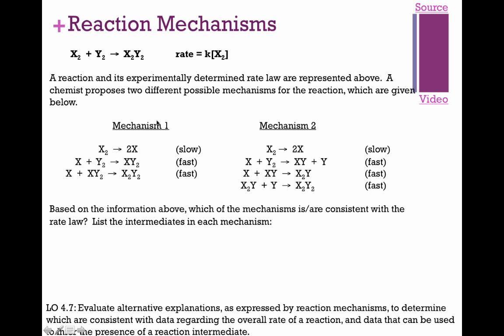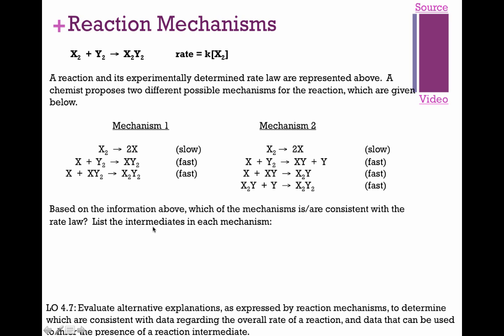Does that match the rate law given up here? Yes. Okay, let's look at mechanism 2. How would I write the rate law for mechanism 2? All right, same thing. Based on the slow step, rate equals K times the concentration of X2. So both of these mechanisms match this overall rate law.